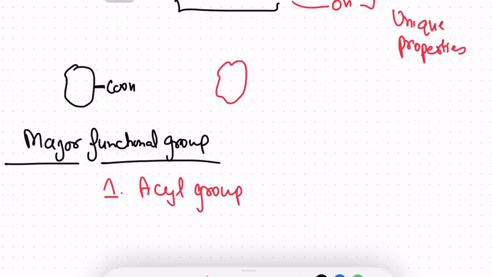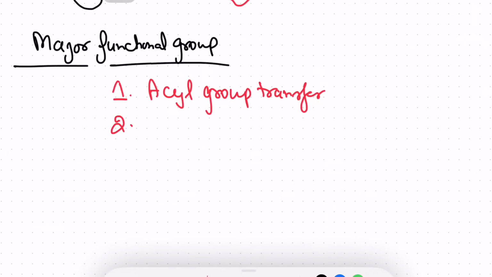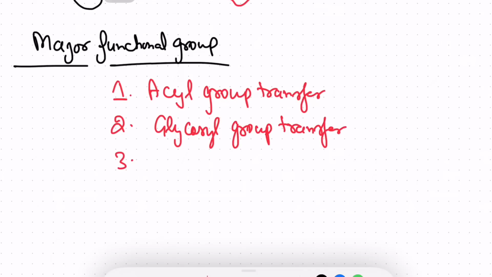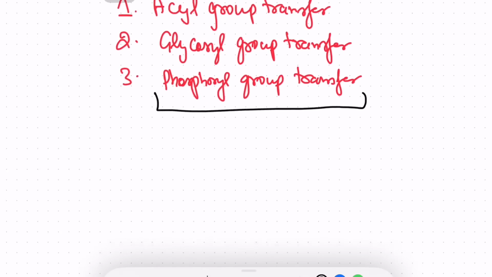Second, you are going to see glycosyl group transfer reactions. And third, you are going to see phosphoryl group transfer reactions. Here we are going to have a major discussion about phosphoryl group transfer reactions.